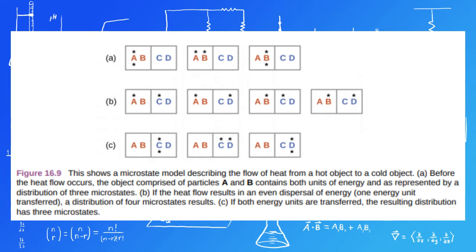And there's four possibilities for that. And then set C is basically the reverse of set A, where both energy units are confined to the blue box, or the box on the right, for each microstate.